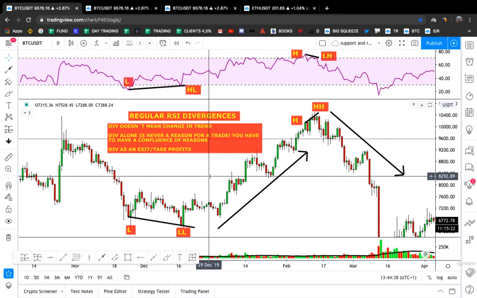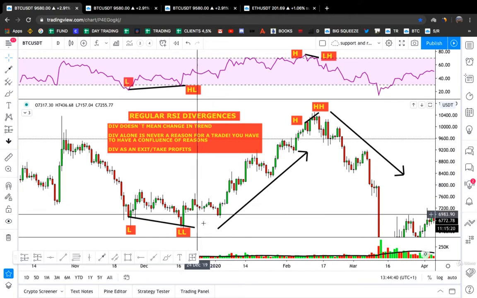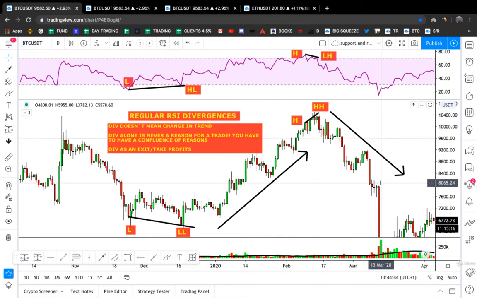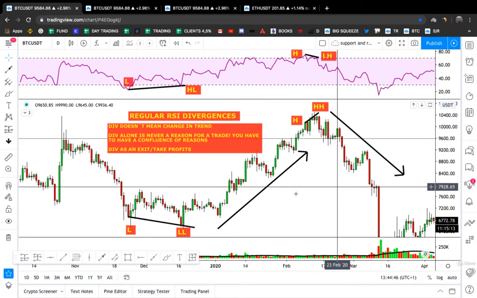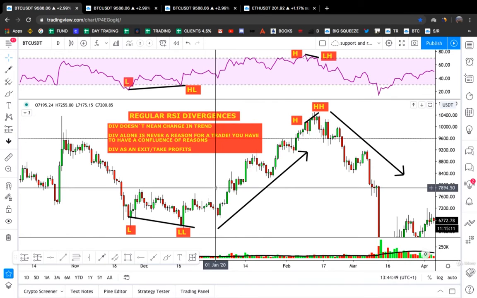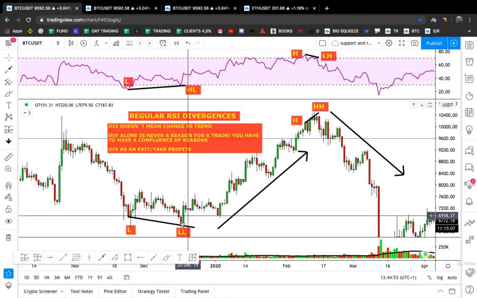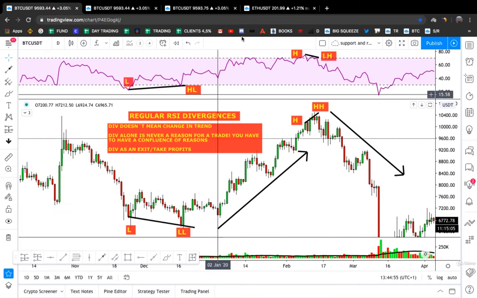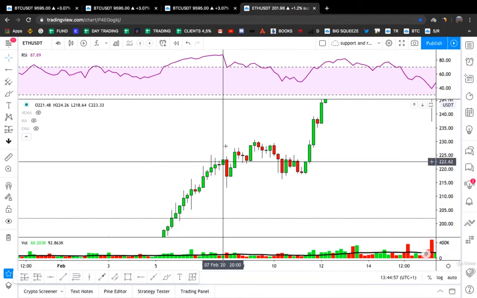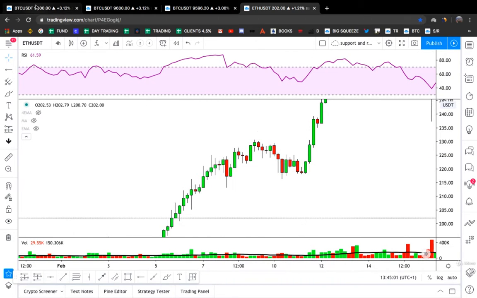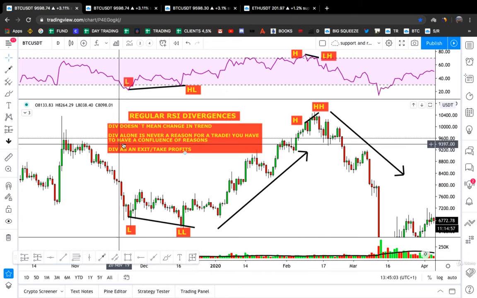They think that when they see a divergence, it is going to mean change in trend, just like in this case. Yes, it happened here, yes, it happened here, but that doesn't mean that it's always going to happen. And divergence really doesn't mean change in trend. It means that there should be some pullback, right? But I will show you, just like here, what happened. You got the divergence, small pullback, and look what happened. So divergence doesn't mean change in trend.